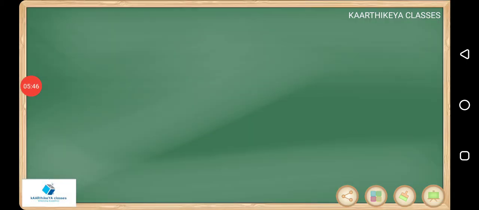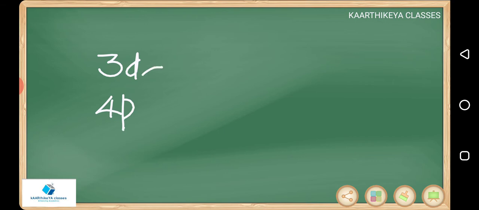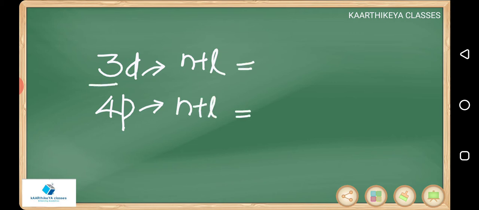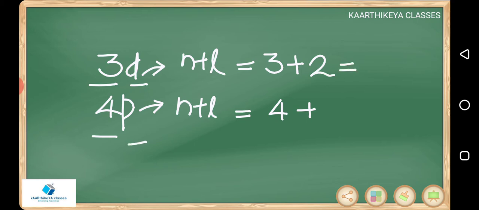Then 3d and 4p orbitals, just let us see this example. n plus l: n value 3, 4 here. D orbital l value 2, p orbital l value 1.